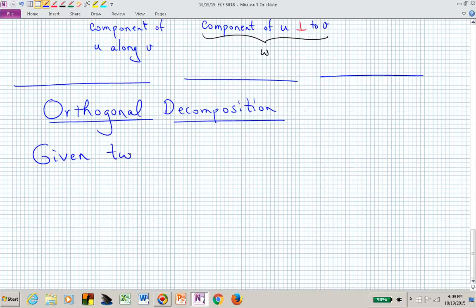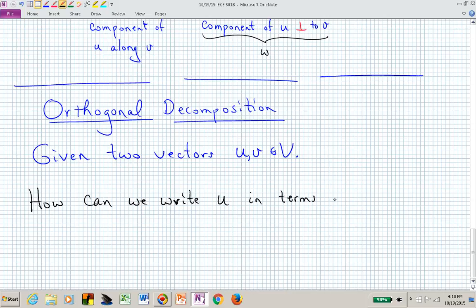So let's say we're given two vectors in our vector space, u and v belong to capital V. We want to address the question, how can we write, or re-express, one of those vectors, let's just say u, in terms of v and w, where w, the second vector, is a vector that's perpendicular to v?